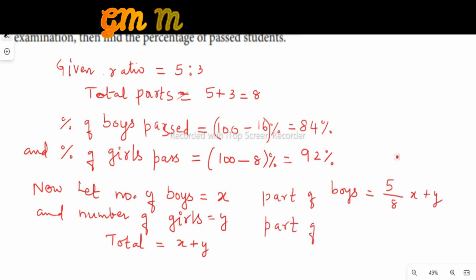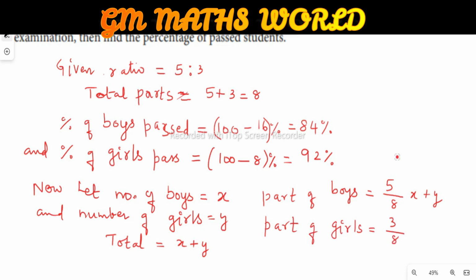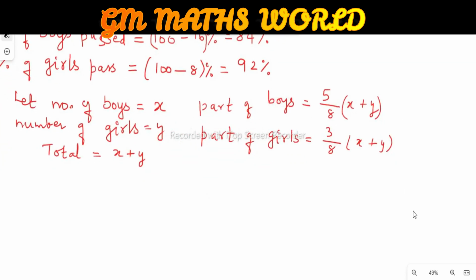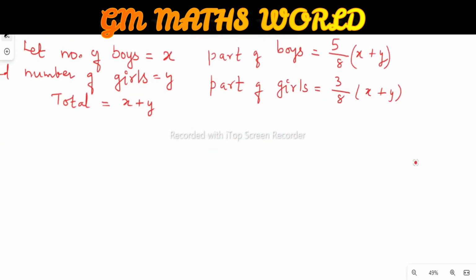Out of this total, if we want to find the part of boys, the part of boys will be 5 by 8 of x plus y, that is x plus y is the total, and part of girls will be 3 by 8 of the total, because the ratio is 5 to 3 and 3 is the girls part. Now total pass percentage we have to find. So total pass percentage, the formula is pass of boys plus pass of girls divided by the total into 100 percentage.